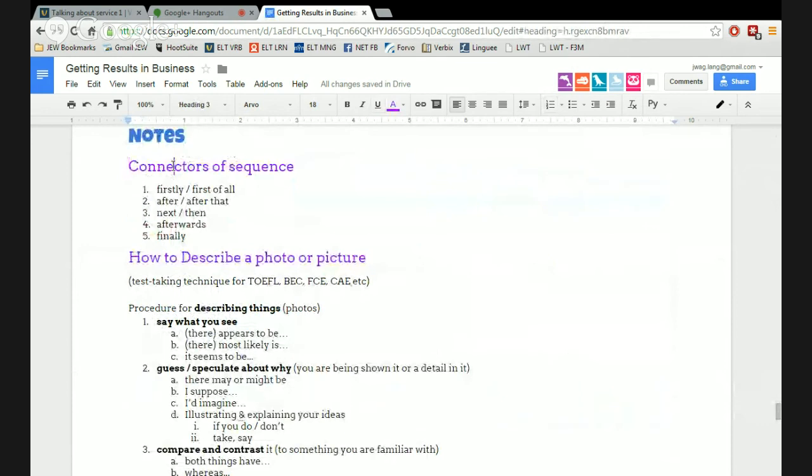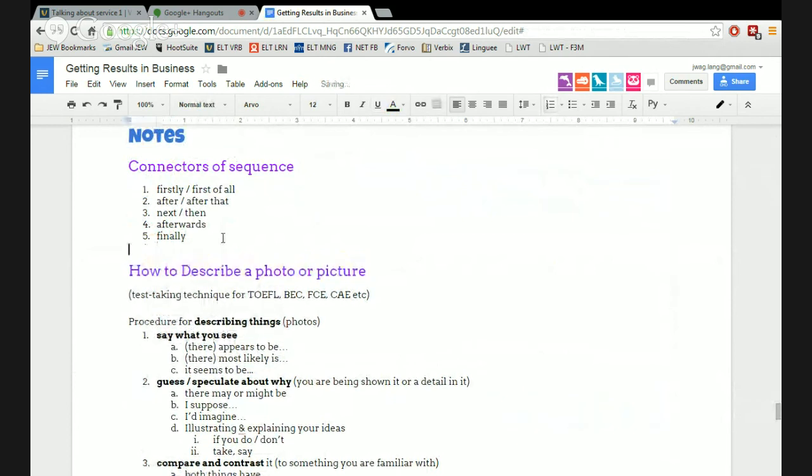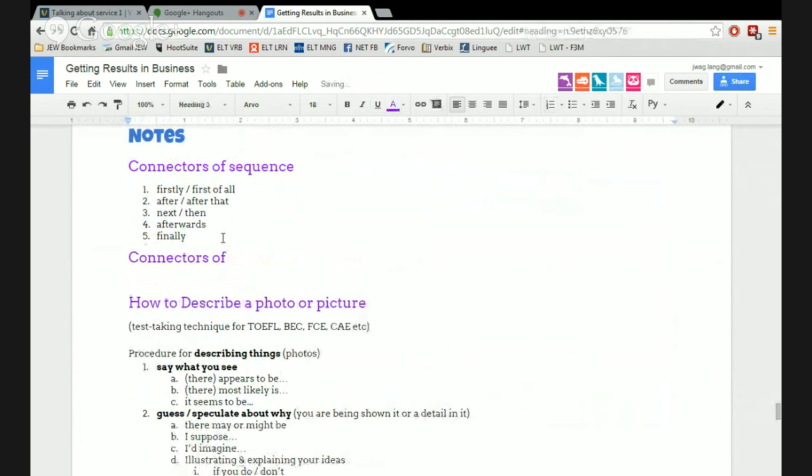Okay, that's one kind of connector, but we have other connectors. So let's add a new kind of connector here. Instead of connectors of sequence, we want to add connectors of, I'm going to say, addition. That's one kind of connector.